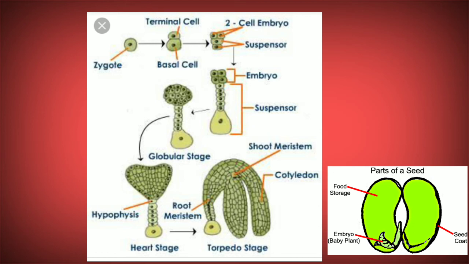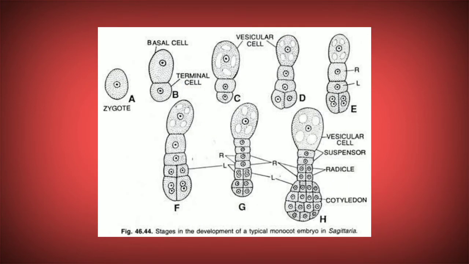In that way, you can see the structure of the embryo, how it is formed in a dicot plant. But in a monocot plant, it is a little bit different, where it doesn't attain the heart-shaped structure and therefore it develops only one cotyledon, and the plumule is pushed towards the periphery, where again it forms a dome-shaped structure, and the radicle is present near the hypophysis only.